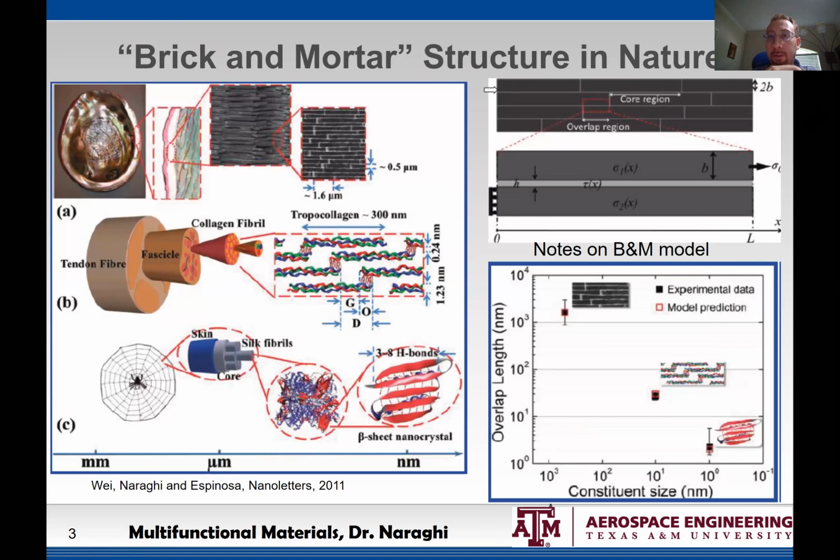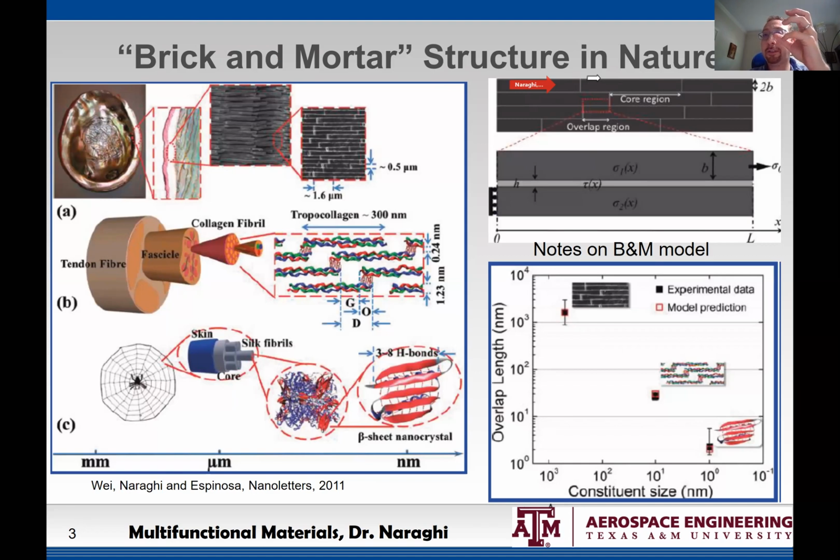This building block is what we call brick and mortar. These are bricks. This is just like a brick wall. And the white parts in between the bricks is actually the mortar, the glue that is keeping all of this together. Now, imagine the bricks are very brittle, are strong.